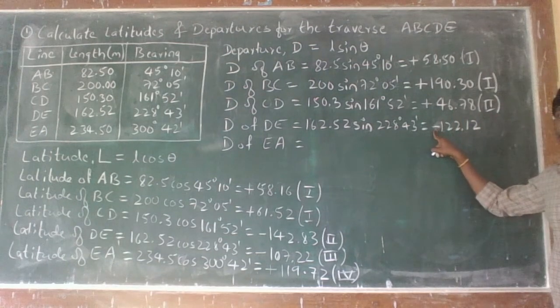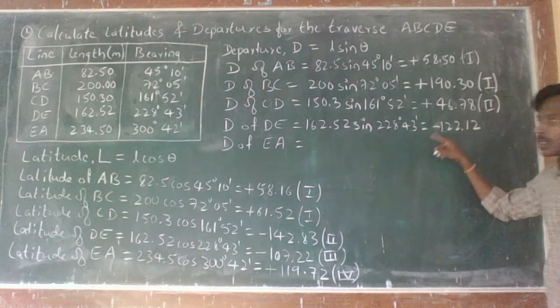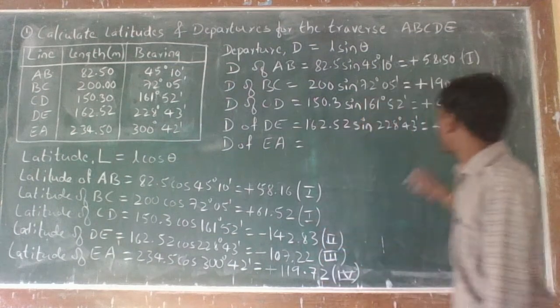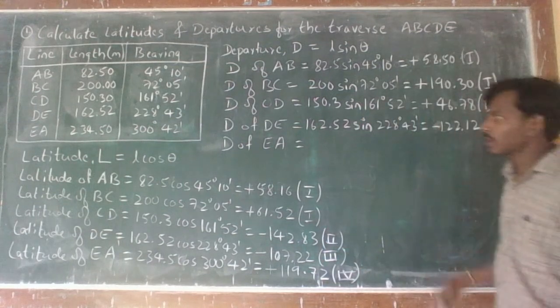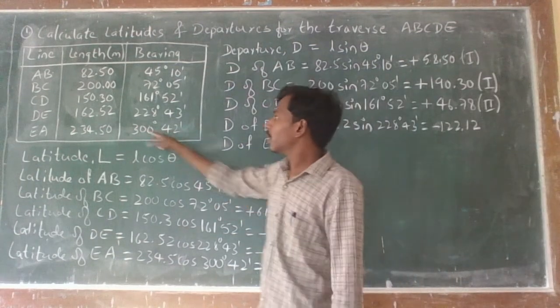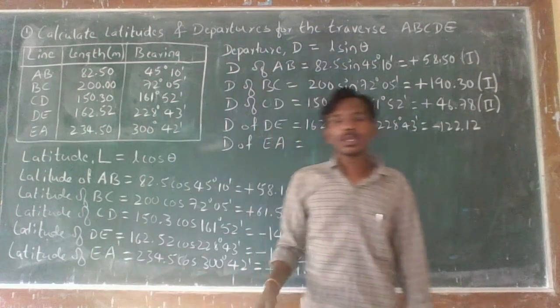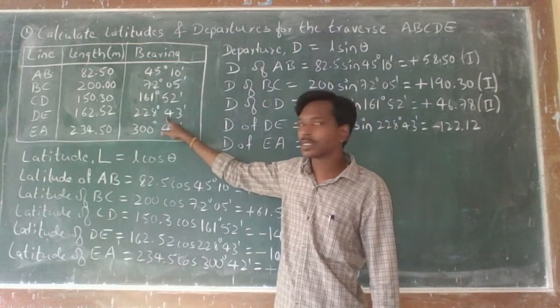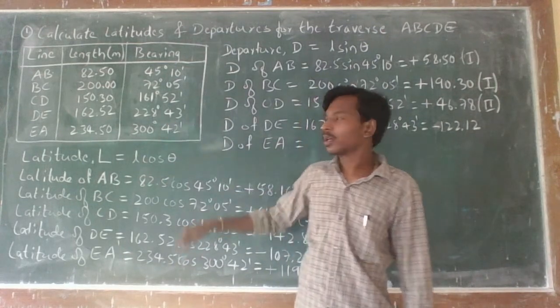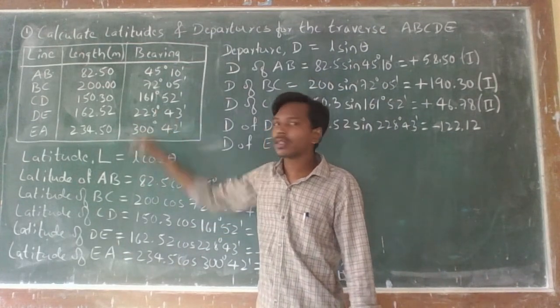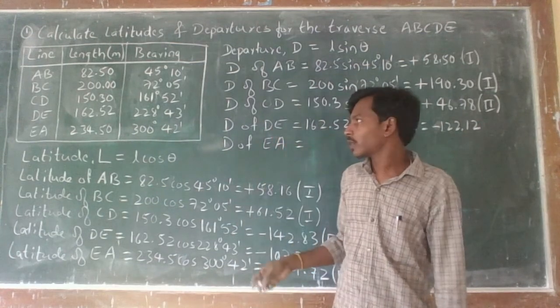See, once check if we have to keep minus or plus. So in the calculator we got the sign minus. So check here, the bearing is 228 degrees 43 minutes. So the 228 degrees 43 minutes bearing lies in third quadrant because this bearing is greater than 180 degrees and less than 270 degrees.